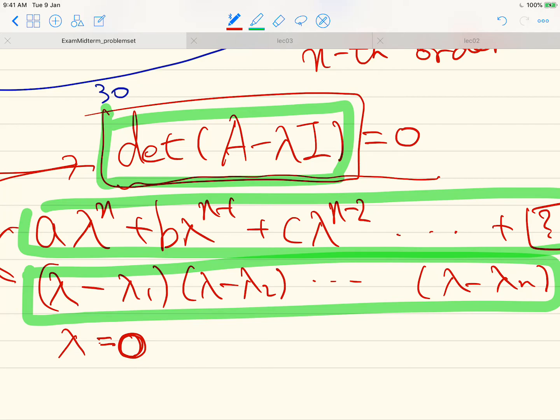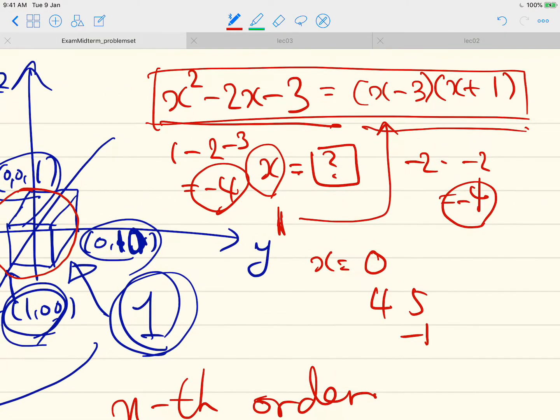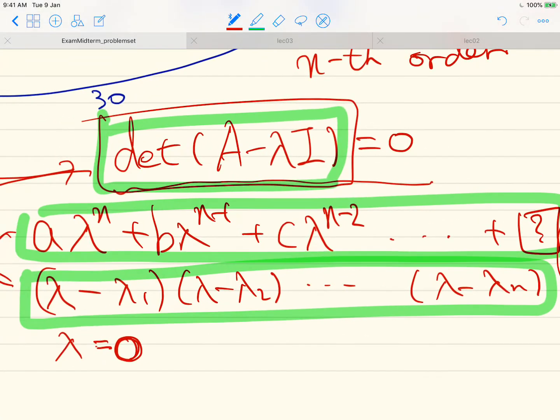So the second equation will give us the product of lambdas, the product of the particular eigenvalues of a given matrix. So when plugging x as 0, it will produce -3, which is the product of our roots, right? Okay, so far so good, right?